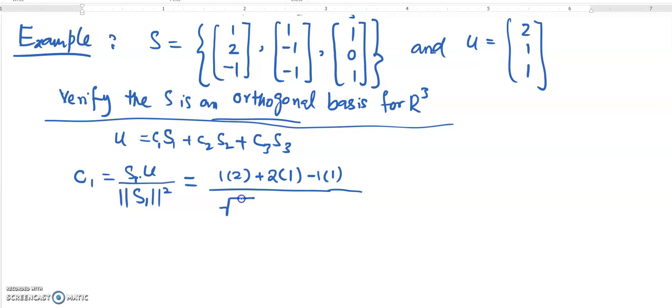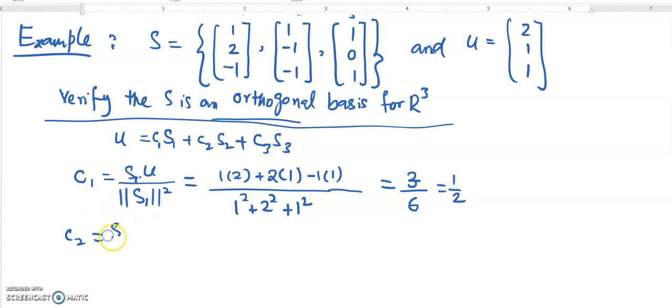The square of the norm is without the square root, so there will be no square root. So the norm squared of S1 will be 1 square plus 2 square plus 1 square. So 2 plus 2 is 4, minus 1 is 3, and then that over 4 plus 2 is 6, so it is 1 by 2.